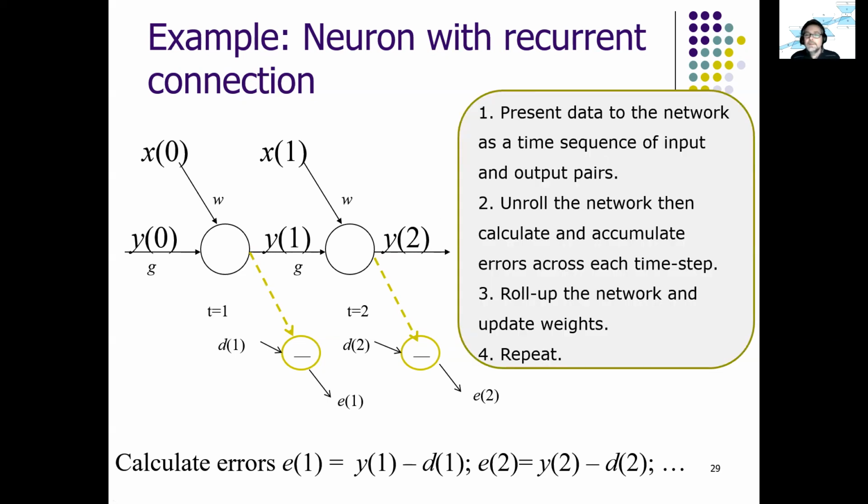So what happens every time is that we present data to the network as a sequence, as a time sequence of inputs and desired outputs. And we do this kind of unrolling or unfolding. We calculate the errors. We accumulate all these errors at each time step. And then we roll up the network and we update the weights.